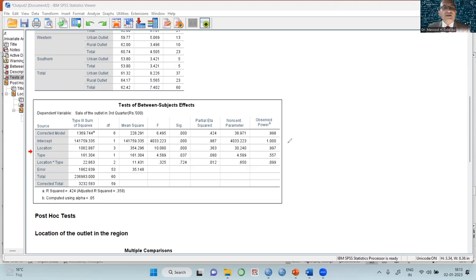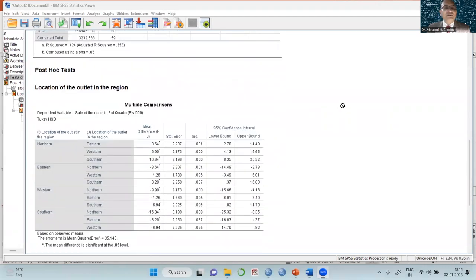And related to the power, these are the power, the probability of not committing the type 2 error. So as you can see, the location has a substantially big value, reaching 1. The type is having a 0.557 value, and this one has a much lower power.